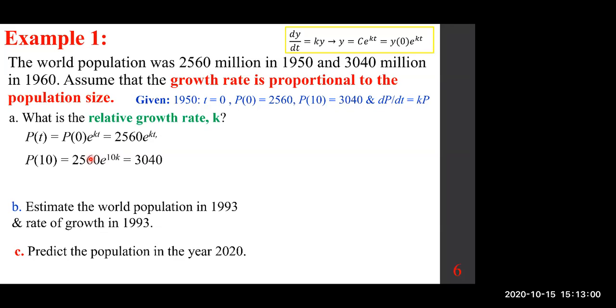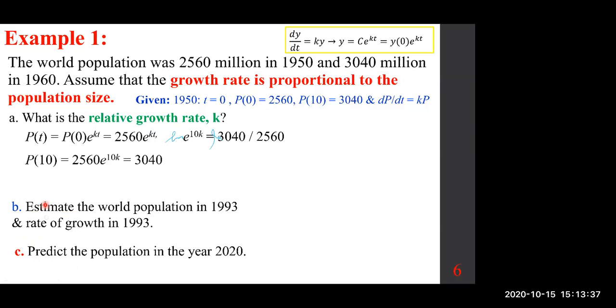First and foremost, get rid of 2560, so you're going to divide by it. Now, how do you get to the exponent? You undo the exponential, you take the natural log. ln of the left equals ln of the right.